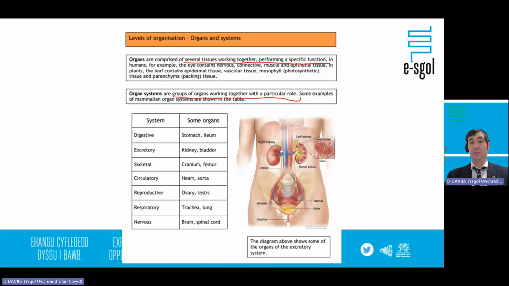So again, this particular function malarkey is raising its head here. There are lots of different types of organ systems. You have your cardiac system, which is the heart and the blood vessels. You have the nervous system, which is your brain, your spinal cord and your nerves. All of those are systems that work together.